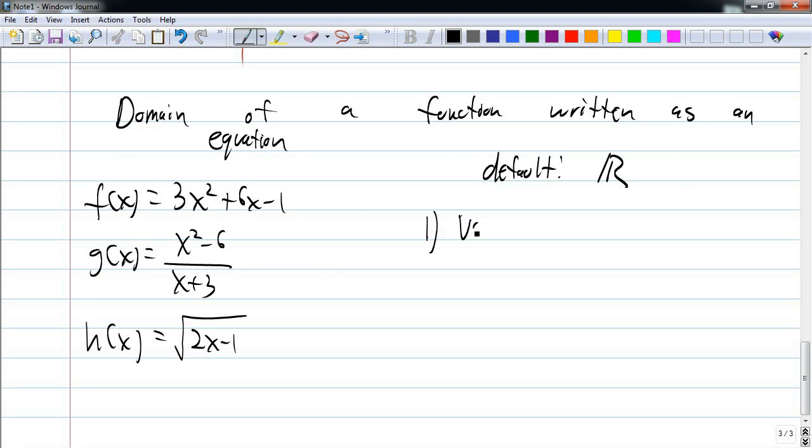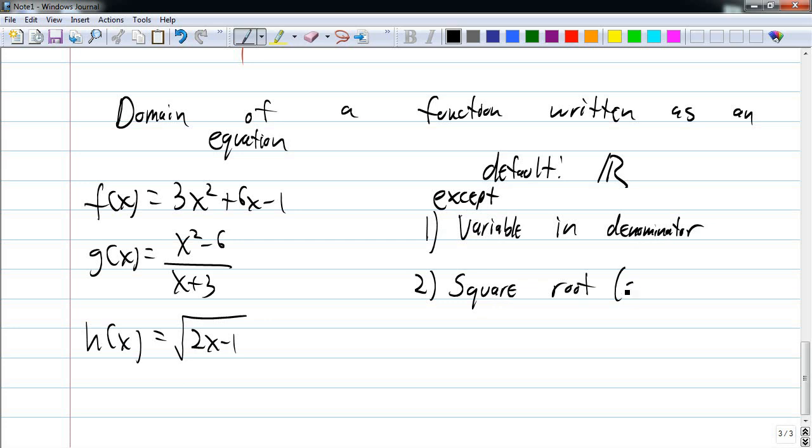Having a variable in the denominator of a fraction. Okay, that could change the domain. Secondly, having a square root or any even root. Okay, these are the two cases that can change the domain from all reals to something else.